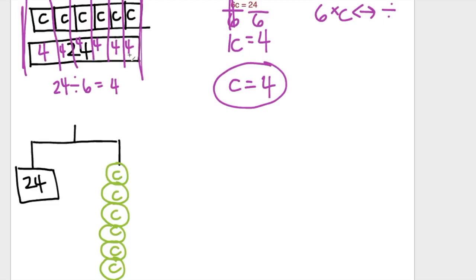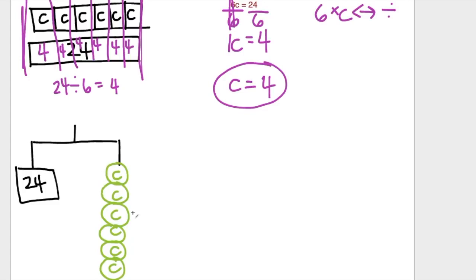If you look at the hanger model, it's a little less obvious, because with your tape diagram, you can just line them up and divide, and you would see that each of the c's is equal to 4. With the hanger model, you kind of have to picture the actual situation of a scale.